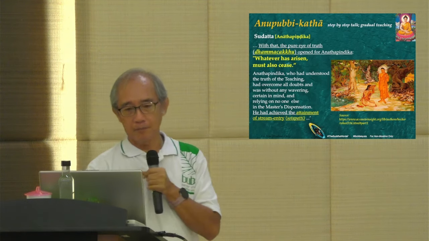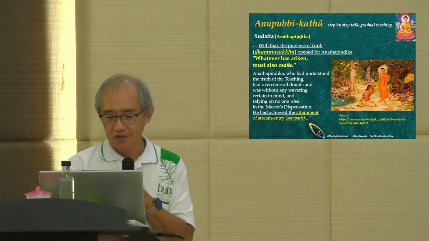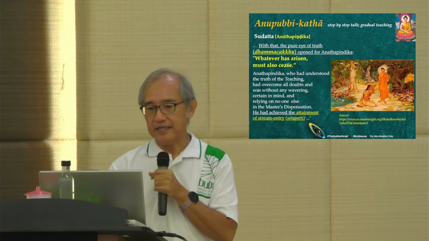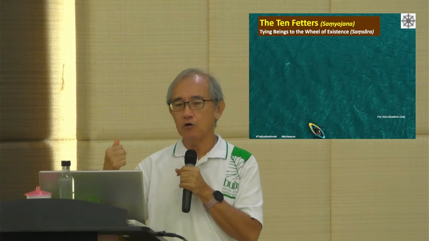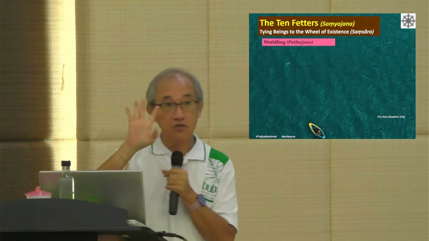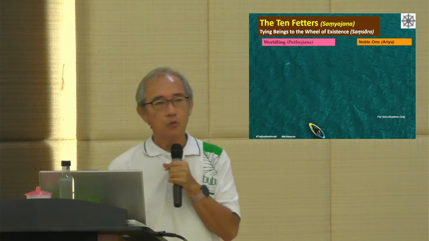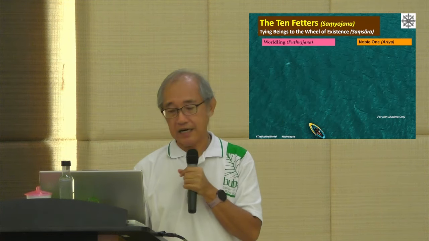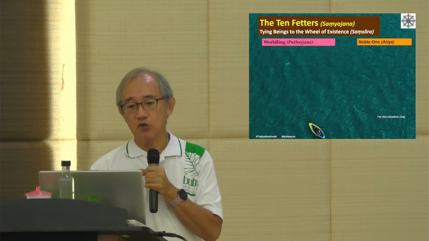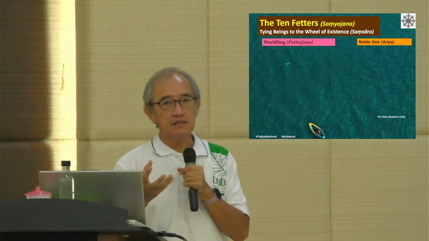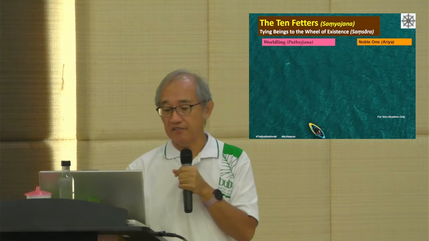So what is Sotapaddi? Since that is a technical term, I have no choice but to show you an idea of this. The whole world, all beings, not just humans but all other seen or unseen beings, are made up of worldlings, puthujana, and Aryas, noble ones. And this list is a list of ten Sanyojana, fetters, the chains that tie us to the continued cycle of birth and death called samsara.